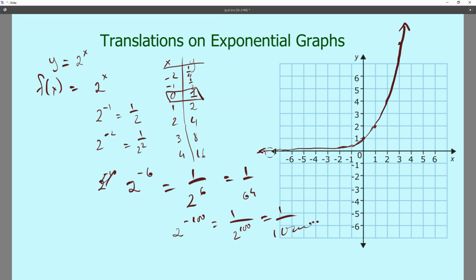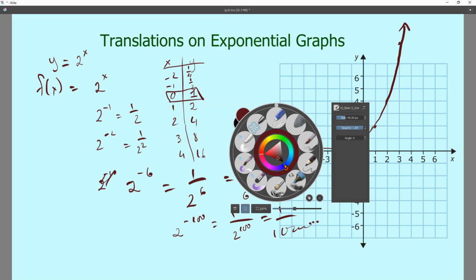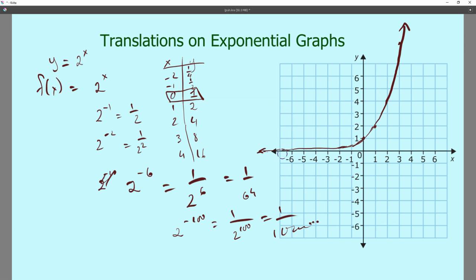And this line right here is called the horizontal asymptote. Okay, so that is something you need to know. This line right here is the line that the graph never crosses.